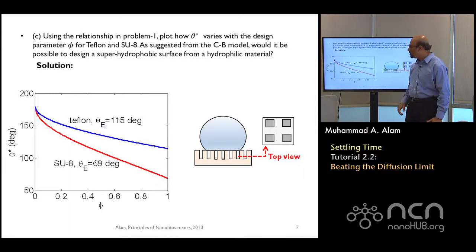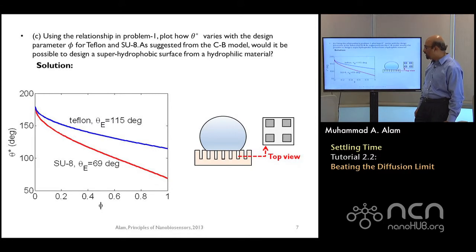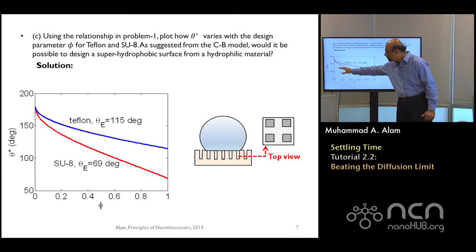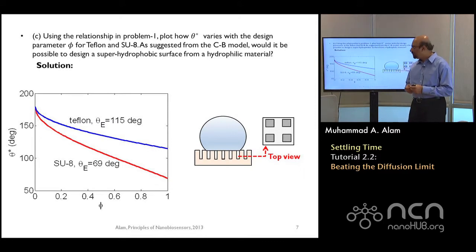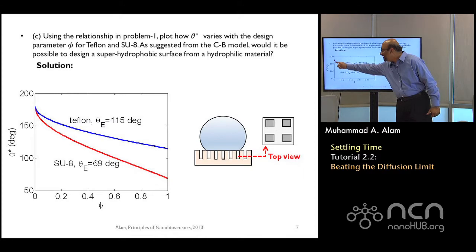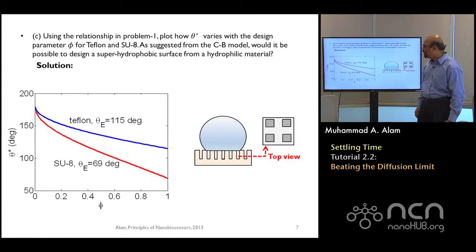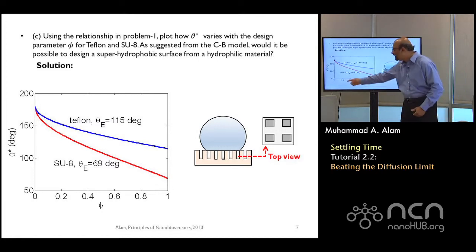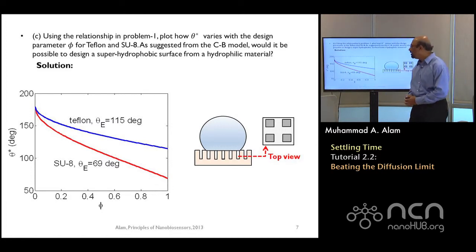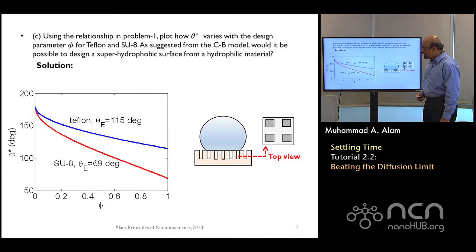And the same is true for Teflon and ACO8. And continually, it will keep going. And when you have very little material left, then essentially they will reach a very large angle, relatively 160, 170 degrees, at relatively small values.